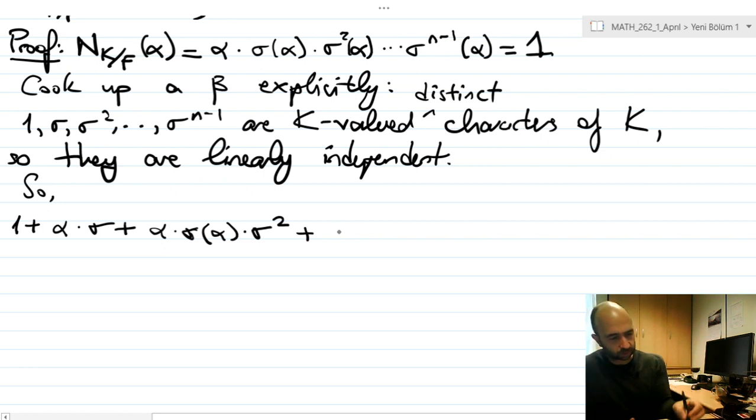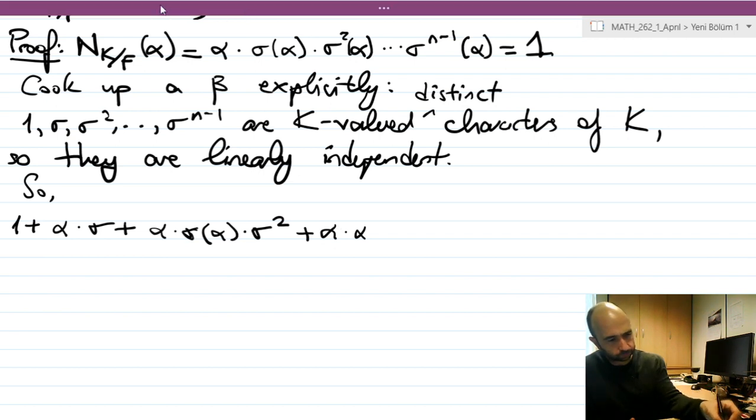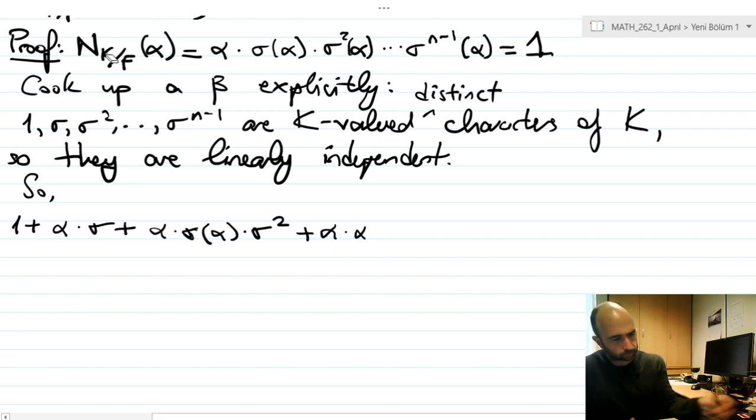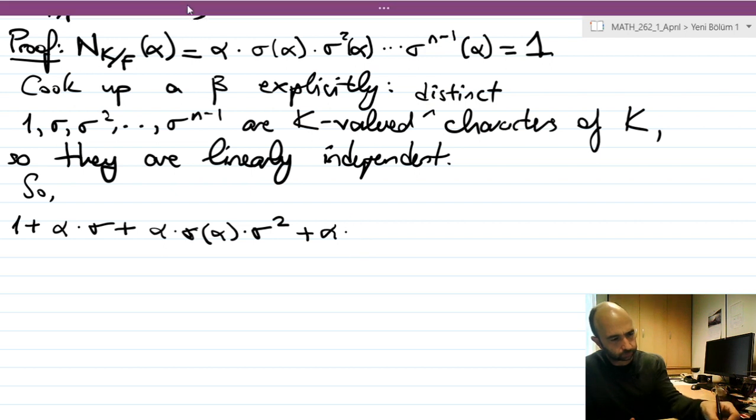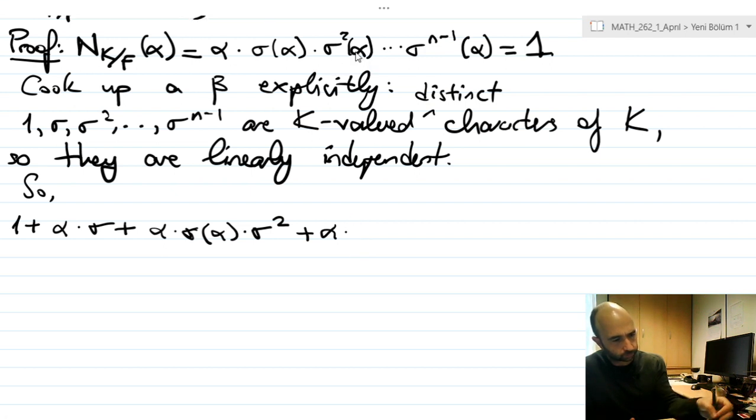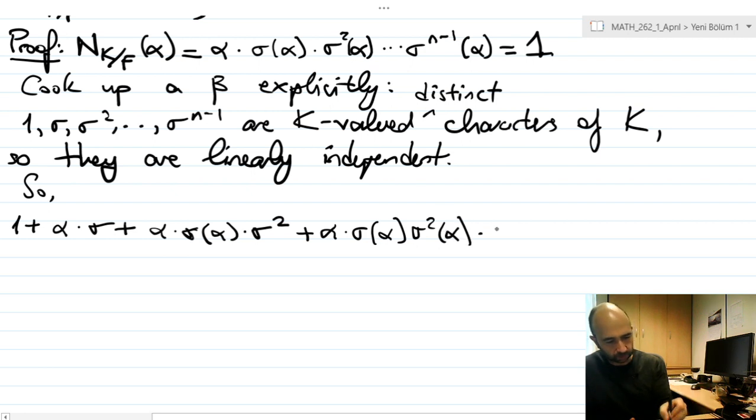So the next one is going to be alpha times sigma alpha times sigma squared alpha. Well, all this is a coefficient, but now I'll use sigma cubed.